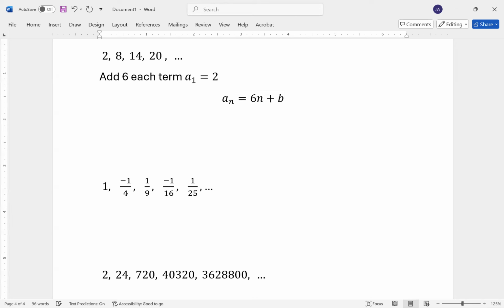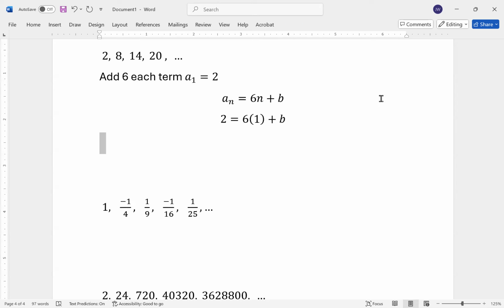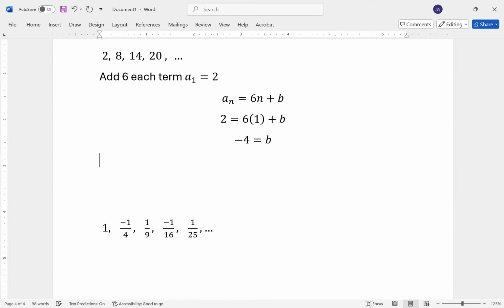And then I can find that number if I notice that my first term is equal to 2, then 2 has to be equal to 6 times 1 plus b, which means b has to be negative 4. So therefore, the nth term in this sequence is going to be given by the expression 6n minus 4.